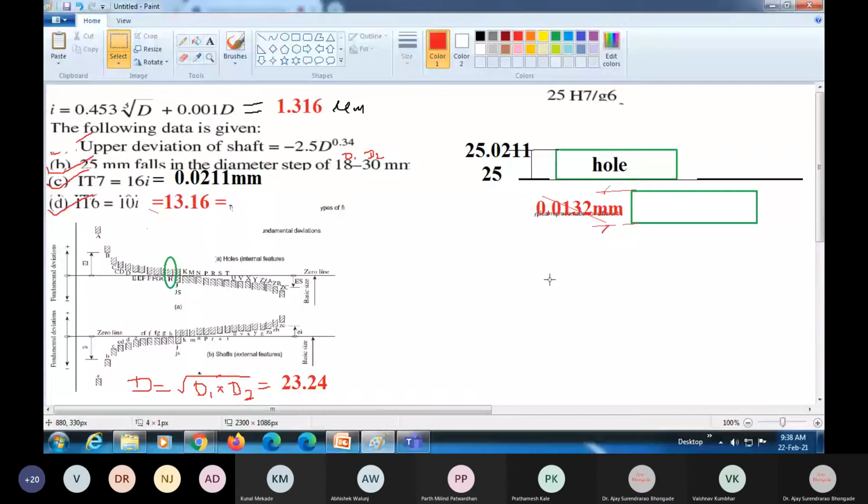This particular upper deviation of the shaft can be worked out as minus 2.5 d to the power 0.34. Okay, so what is that particular value then?